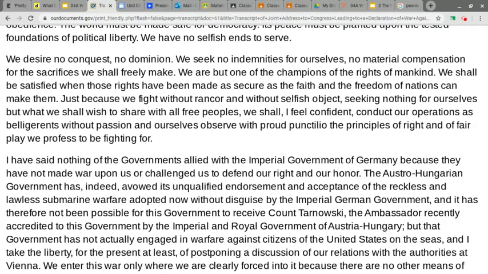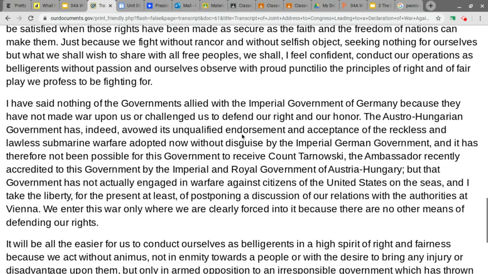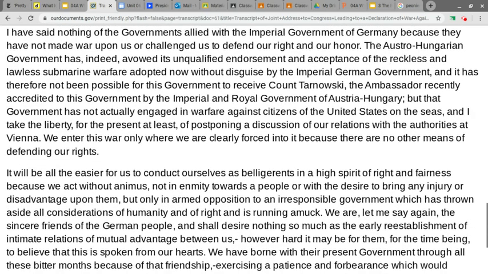Just because we fight without rancor and without selfish object, seeking nothing for ourselves but what we shall wish to share with all free peoples, we shall, I feel confident, conduct our operations as belligerents without passion and ourselves observe with proud punctilio the principles of right and of fair play we profess to be fighting for. I have said nothing of the governments allied with the imperial government of Germany because they have not made a war upon us or challenged us to defend our right and our honor.